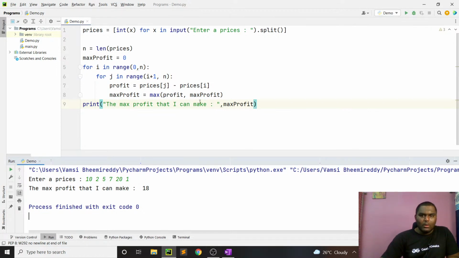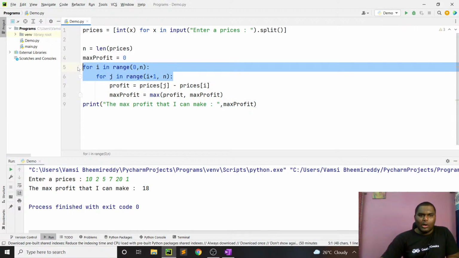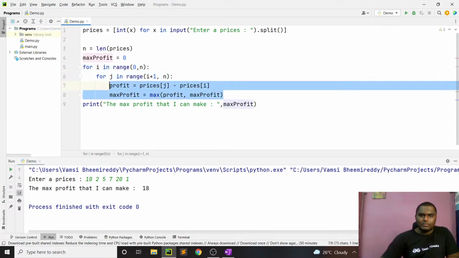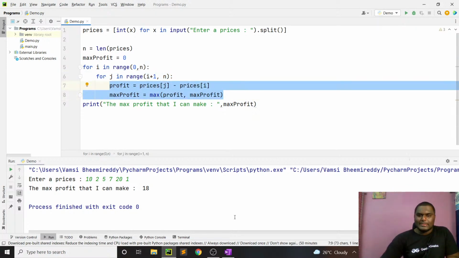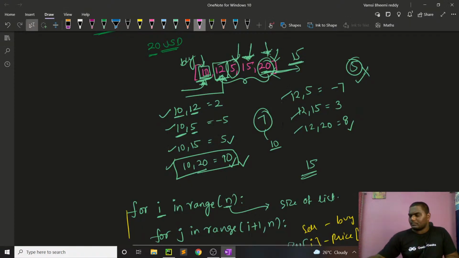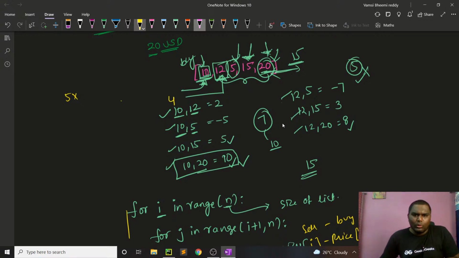Now here, how many loops are we doing? How many times are these two statements being executed? If you carefully observe, for this particular i, with length 5, we iterate 5 into, say, 4, then 3, then 2, then 1.